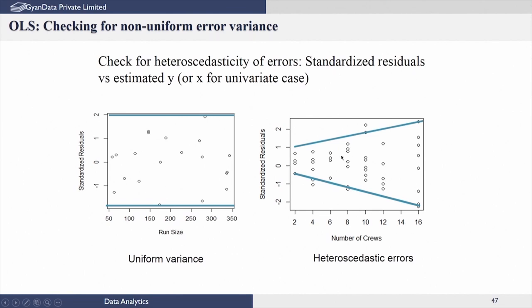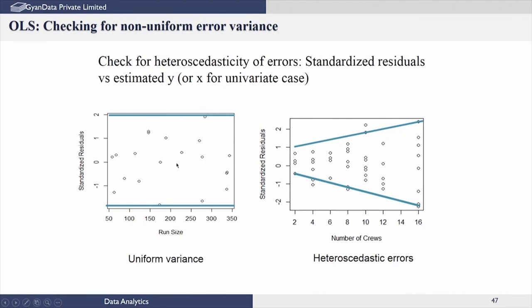For example, on the right hand side we find that the residuals close to when the predicted value is minus 2 have a very small spread, whereas when the value is 16, the spread is very high. So, the spread increases or looks like a funnel when we look at the residuals, whereas such an effect is not found on the data set corresponding to the left hand side.